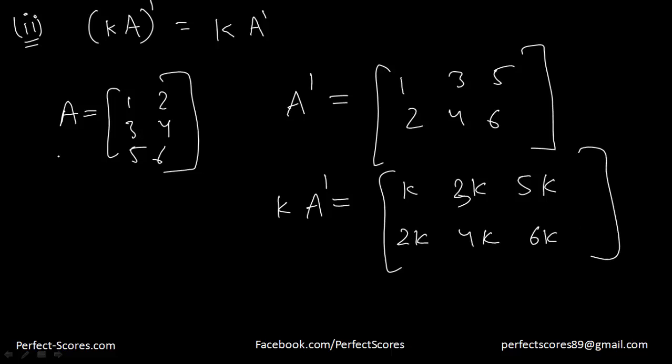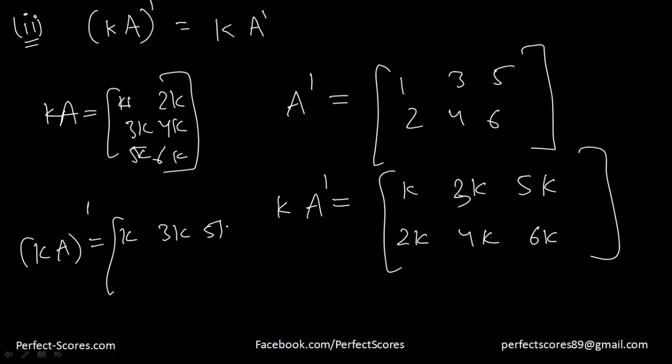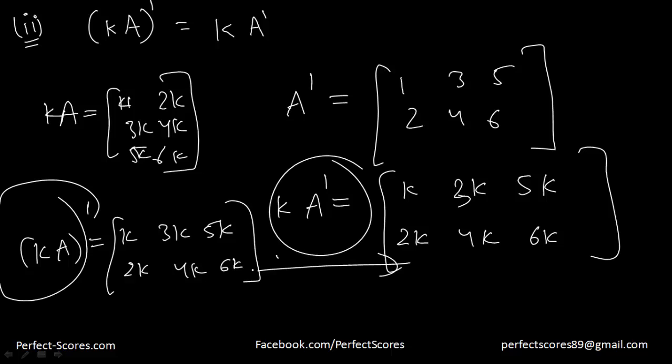And if I multiply the scalar number k with the matrix first, it's k, 2k, 3k, 4k, 5k, 6k, and now I find the transpose of this matrix. This is going to be k, 3k, 5k, and 2k, 4k, 6k. So you can clearly see that these two are equal because the matrices are equal.